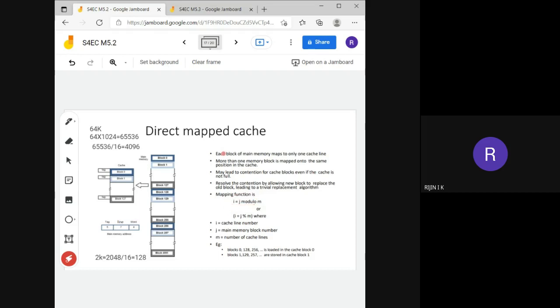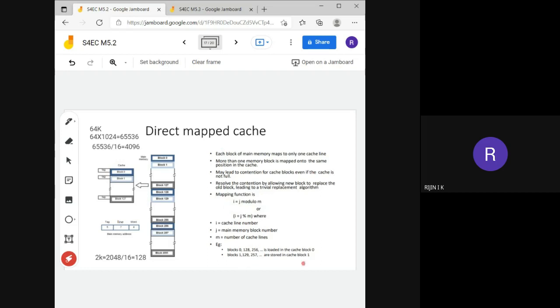That means each block of main memory maps to only one cache line. Cache block 0 can accommodate block 0, block 128, or block 256. These blocks are loaded into cache block 0.